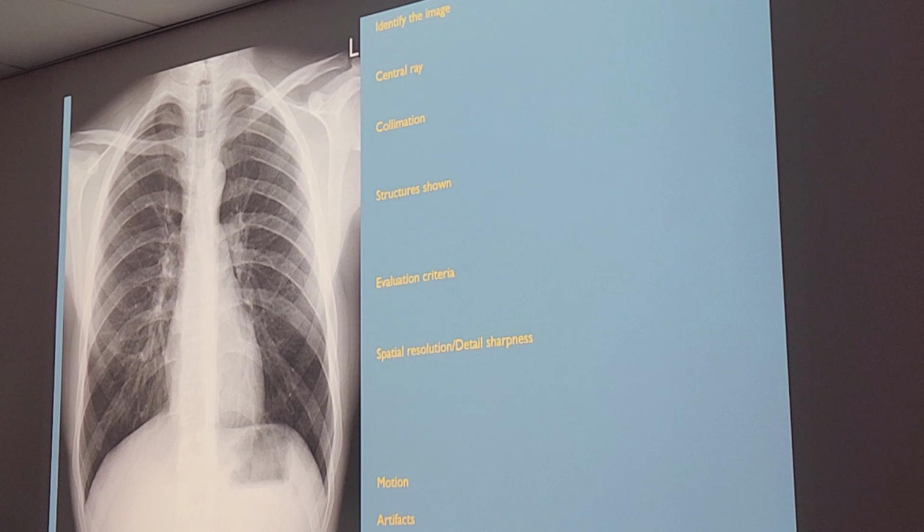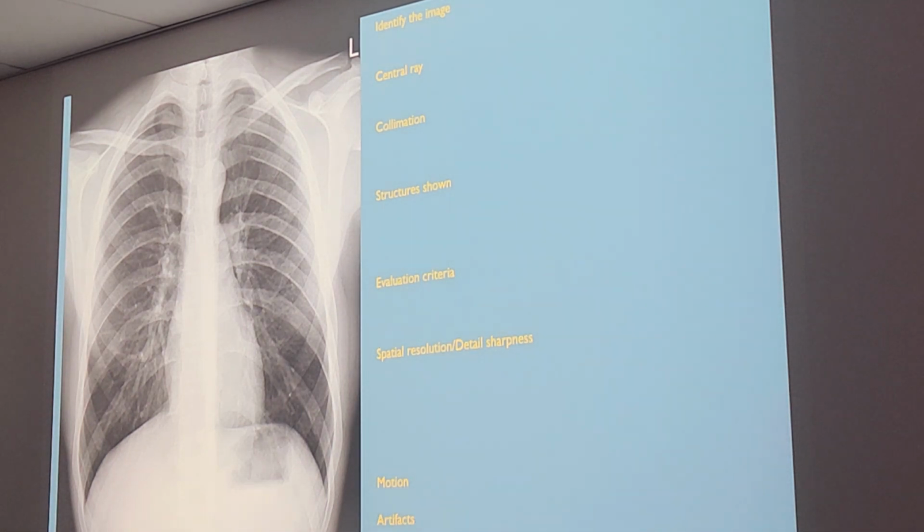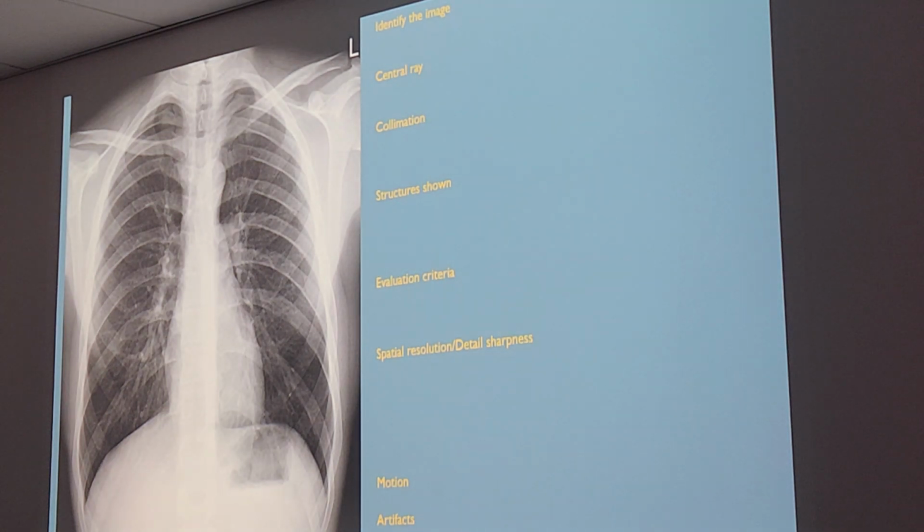Ma'am, I have a question for you. When you first showed the picture, you asked if it was PA or AP, and everybody said PA. Why did we say it's PA? By looking at it, what is telling you that this image is PA?